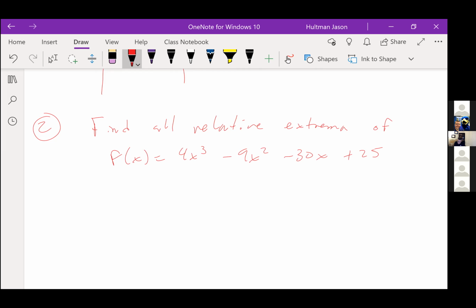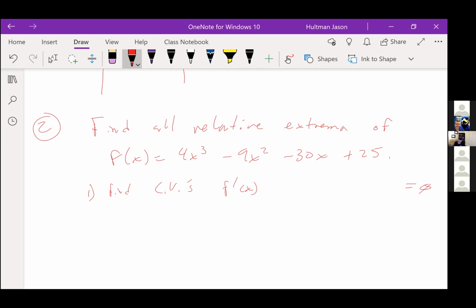Okay, so what are we going to do? We're going to want to find our critical values first. So step 1, find our CVs. We're going to take the derivative and set it equal to 0. This is a polynomial, so the derivative is not going to have anywhere that it's undefined, but it will have places where the derivative is equal to 0.